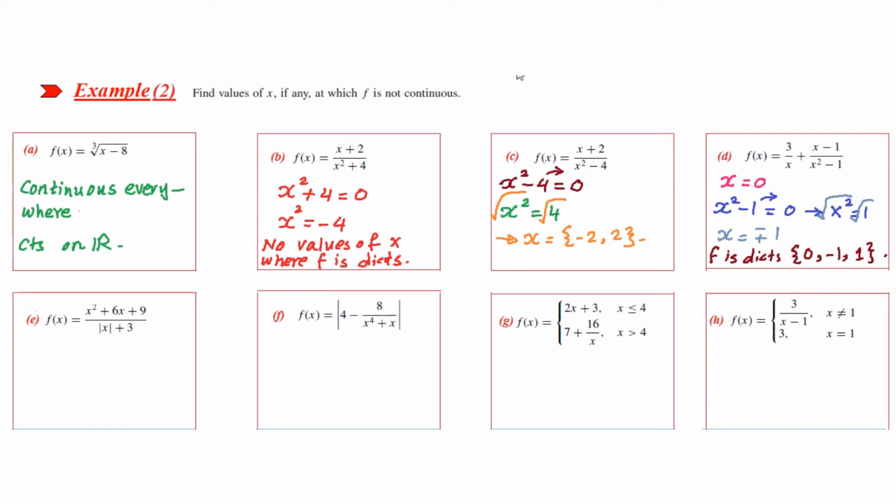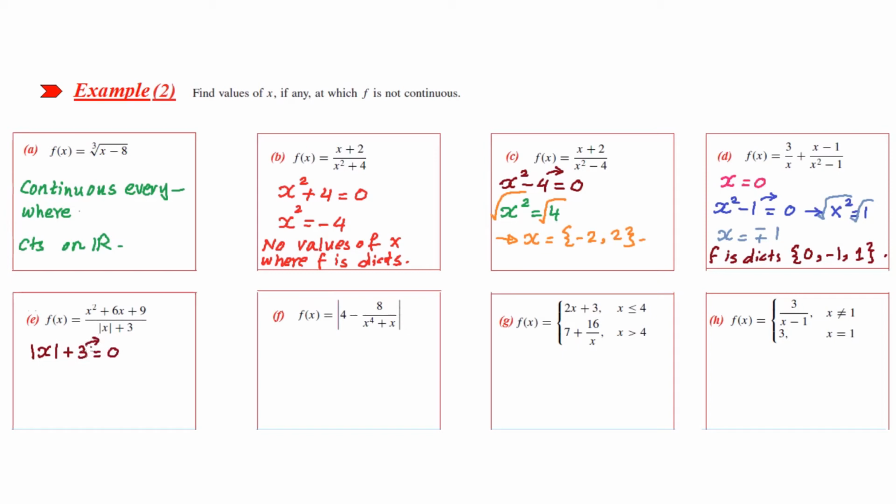Next, we have this function. Also, this is a rational function. For the numerator, we have only a polynomial, and as we know, a polynomial is continuous everywhere. In the denominator, we have absolute value of x plus 3 equal to 0.